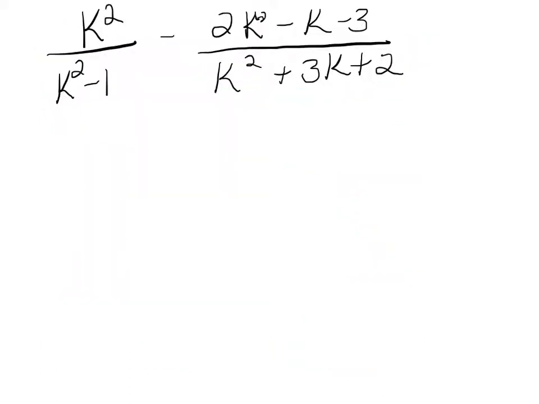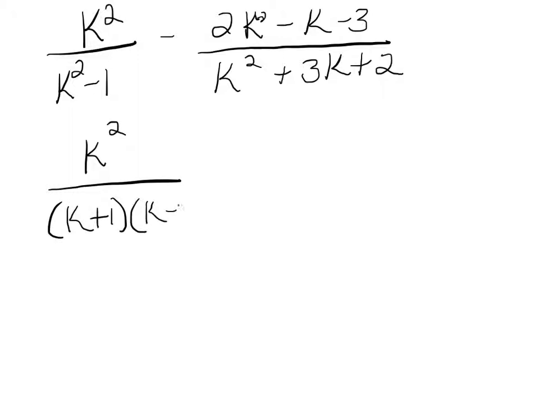Let's suppose this is the problem that you've been given. The first step that you're always going to do is break the problem down into factors. So I've got k squared minus 1, and if I factor that difference of two squares, I've got k plus 1, k minus 1. And down here in the denominator, I need two numbers that multiply to 2 that add to 3.